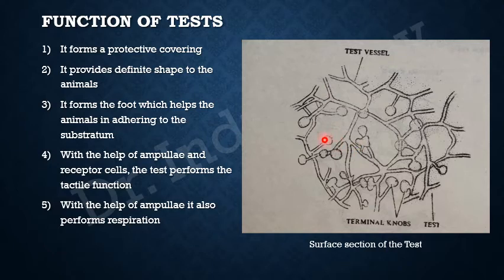These are the ampullae or the knobs, terminal knobs. Terminal because they are situated at the edge, so they are known as the terminal knobs. They are knob-like structures, or in the previous slide I had told you they are also known as ampullae.